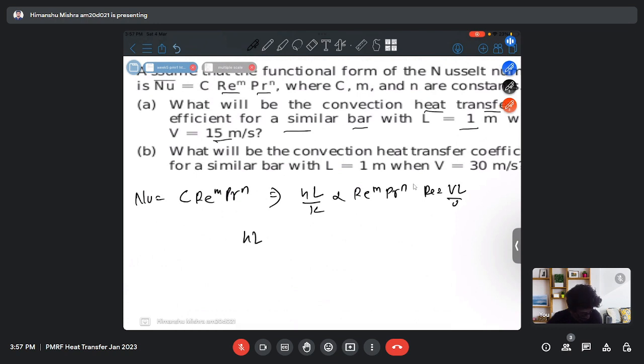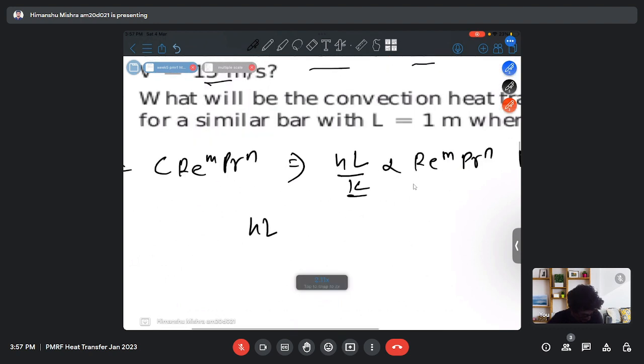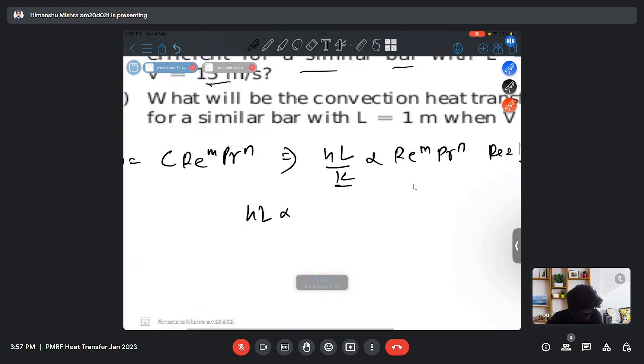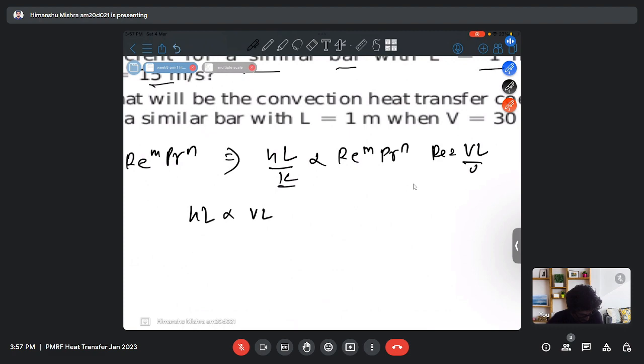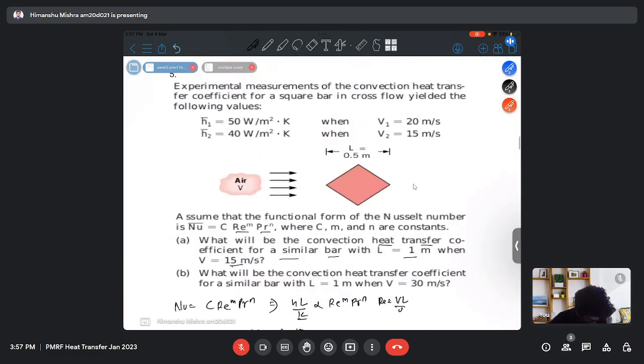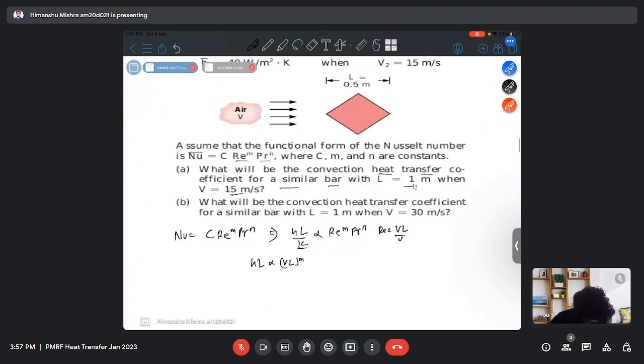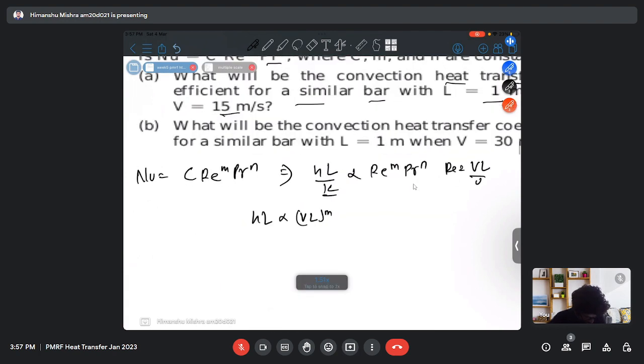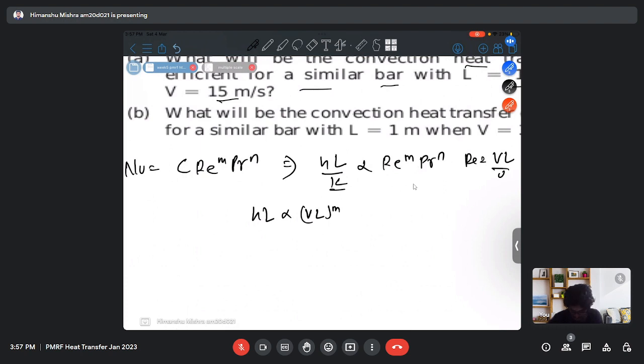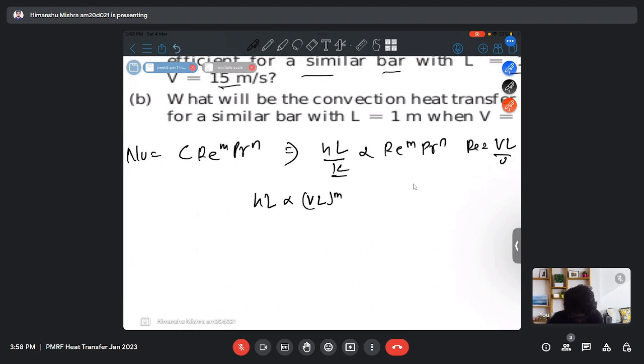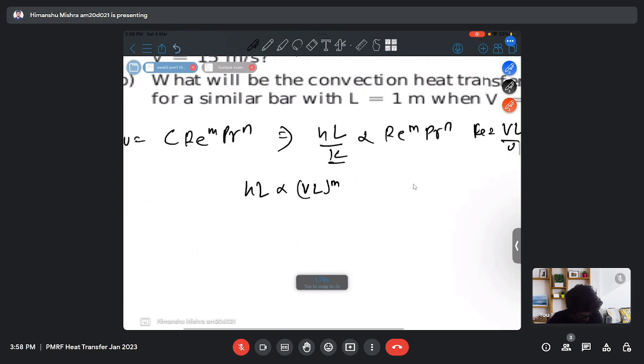So my thermal conductivity I'm assuming as a constant. So my HL will be proportional to (VL)^m. I'm not changing my Prandtl number as well. So my HL will be proportional to VL to the power m here. So we need to find m here.